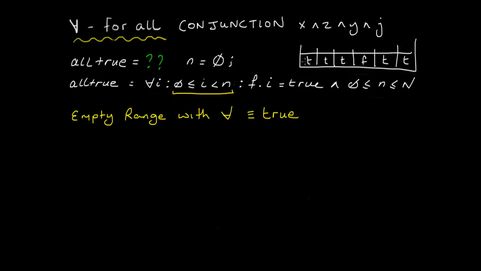We would initialize to true, and then as soon as we come across a false, it's going to make the whole thing false. So we would initialize whatever variable we're using, in this case all true, to true. Where you're using for all, you have an empty range because you've set n to 0, so you would initialize whatever variable you're using, in this case I've just called it all true, to true.